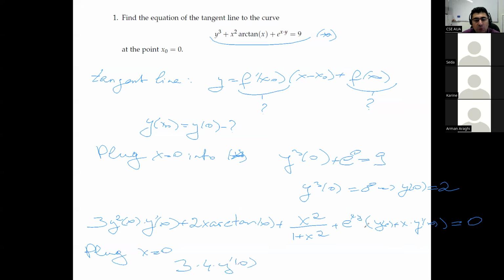Plus the last term, when we are plugging x equals 0, the exponential term is 1. We'll get y(0), which is 2, plus 0 times y prime at 0. Okay, so what is the derivative of y?